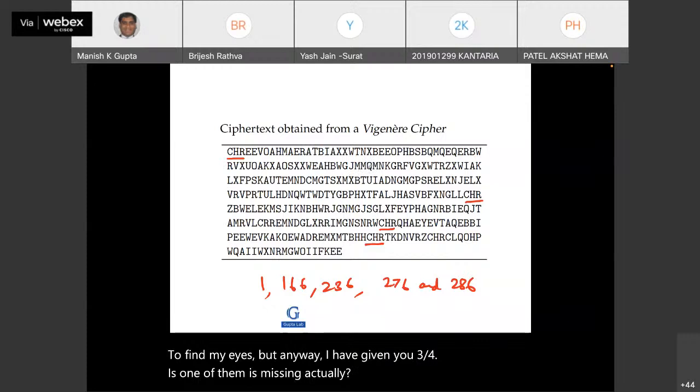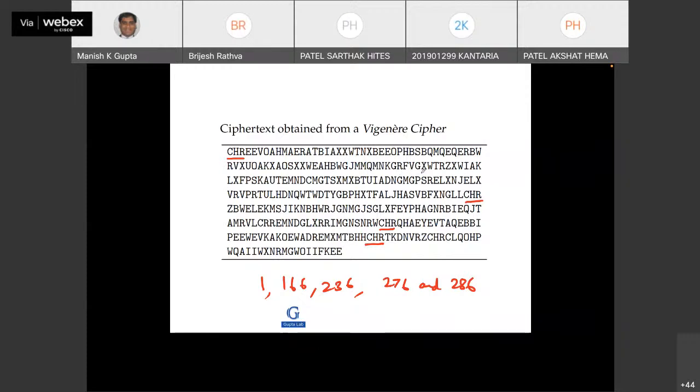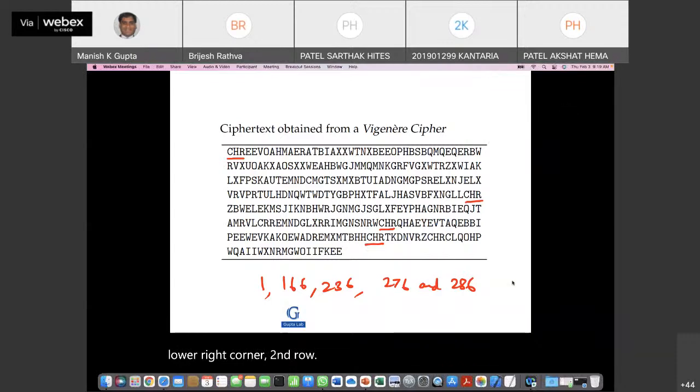Can you guess where it is? Can you see CHR? Sir, lower right corner. Second last row. Yeah, there is one here.